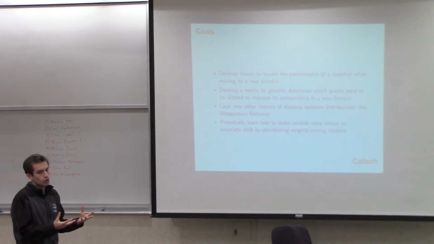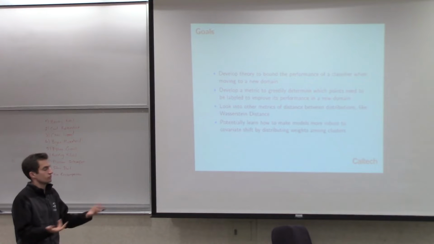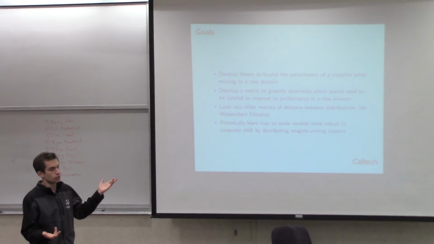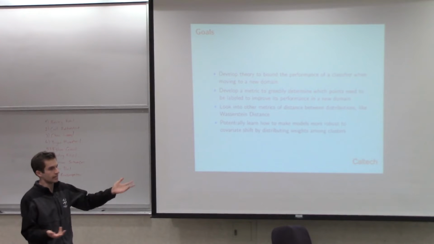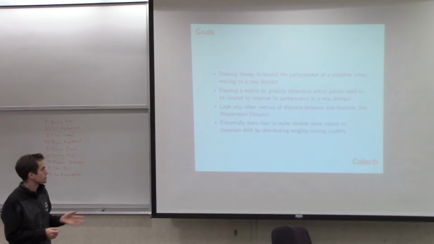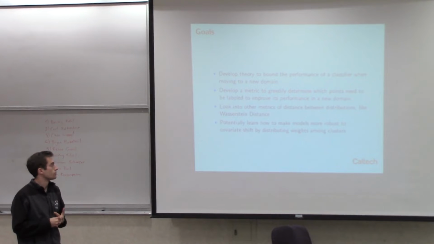Once we have that, we can reason about which points will change that bound the most, so that we can greedily choose points that will improve our classifier for the new domain and resolve the imbalances. And then we're also going to potentially look into other metrics for distances between distributions, like Wasserstein distance.